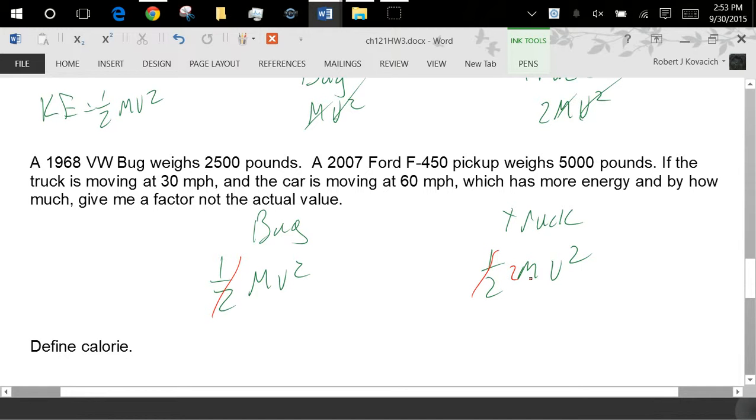Now what do I do with the velocities? So this bug is 2 times that, but what's different about this? This part right here is 2 to the second. So over here, my difference is a 4, and over here, all I have is a 2. So which one of these has more kinetic energy? The bug. And how much more does it have? Twice as much. Okay.